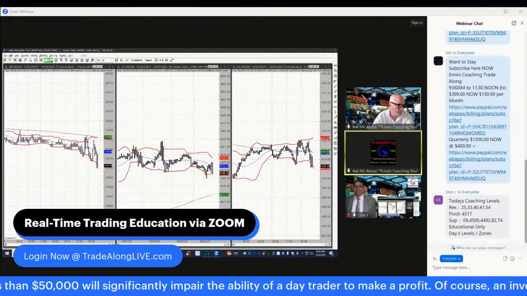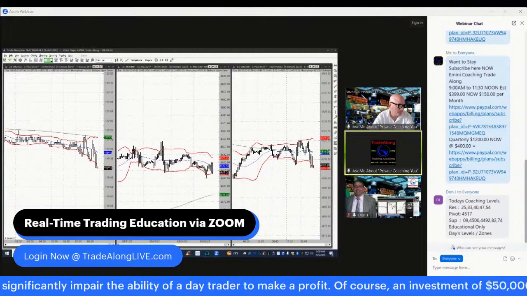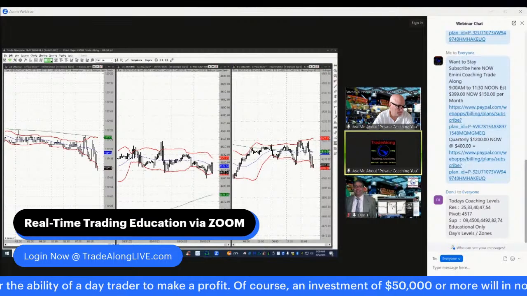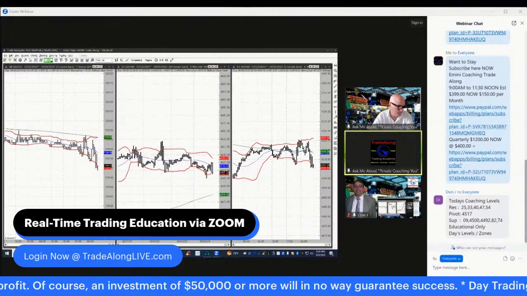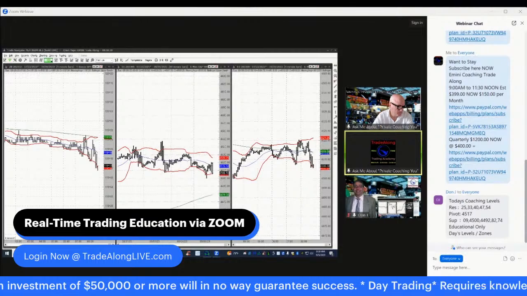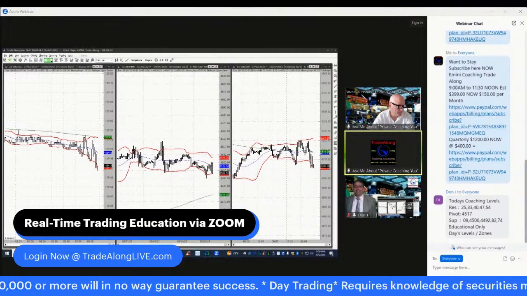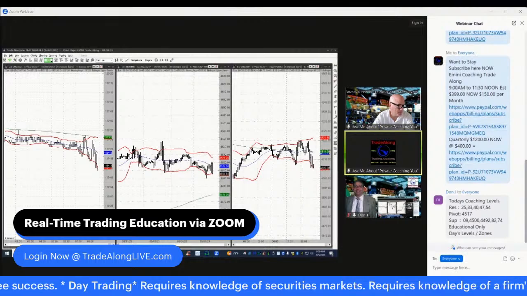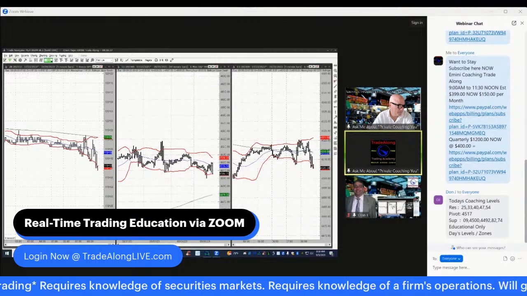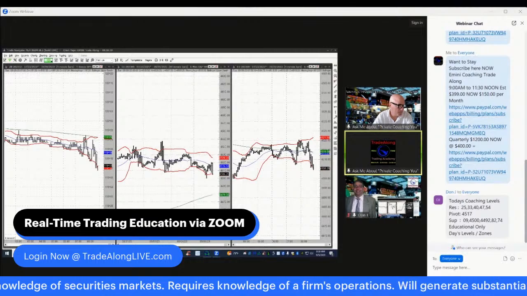That's where we would be looking. That'd be a good trading opportunity when the VIX is in the high teens. When it gets to the low teens like we are right now, you have to be patient and wait for the market to give us an opportunity.